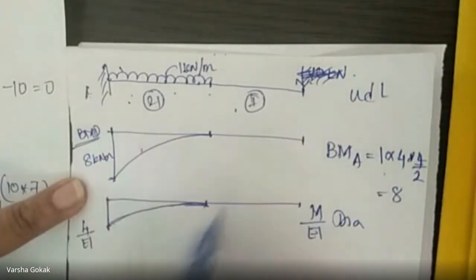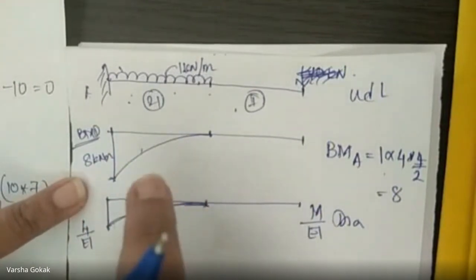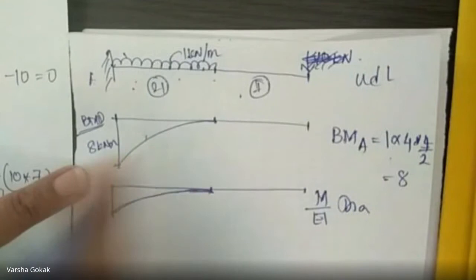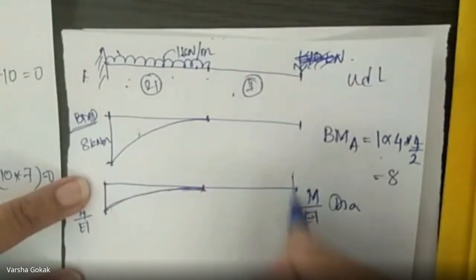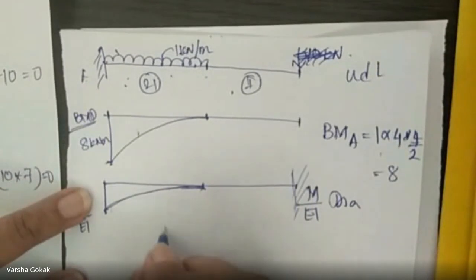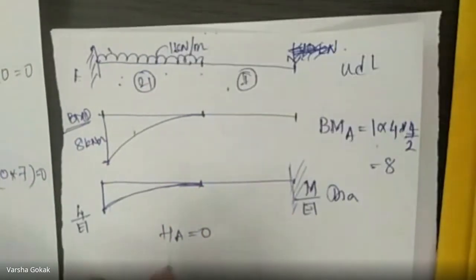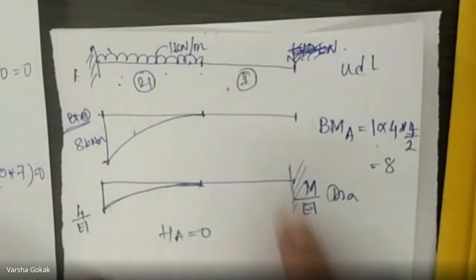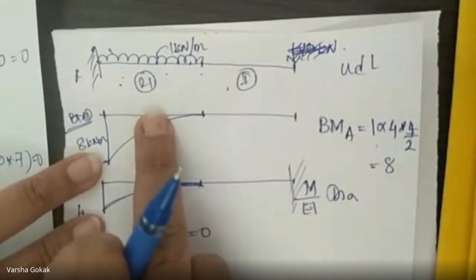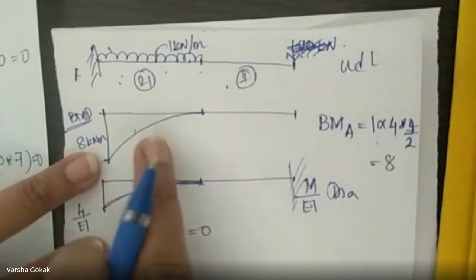Now, in the conjugate beam we need the reactions, so if I convert this into a conjugate beam, here will be my fixed end. So let us find the reactions. HA becomes 0, because it is fixed.